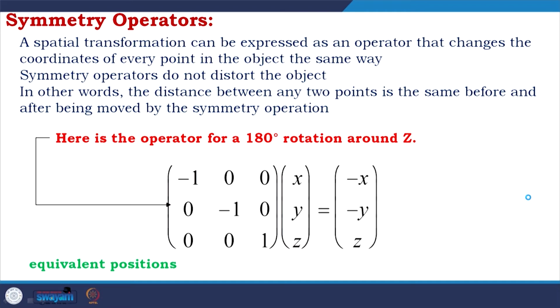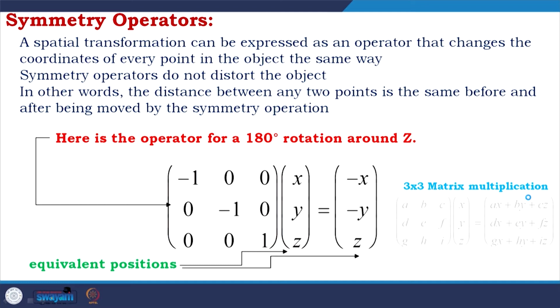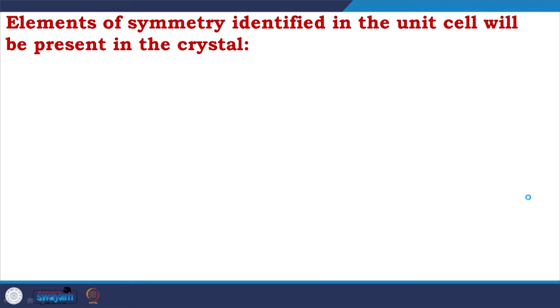So, these two are equivalent positions, and the concept comes from 3 into 3 matrix multiplication, which has a matrix form like this. The elements of symmetry identified in the unit cell will be present in the crystal. So, which would be the symmetry?